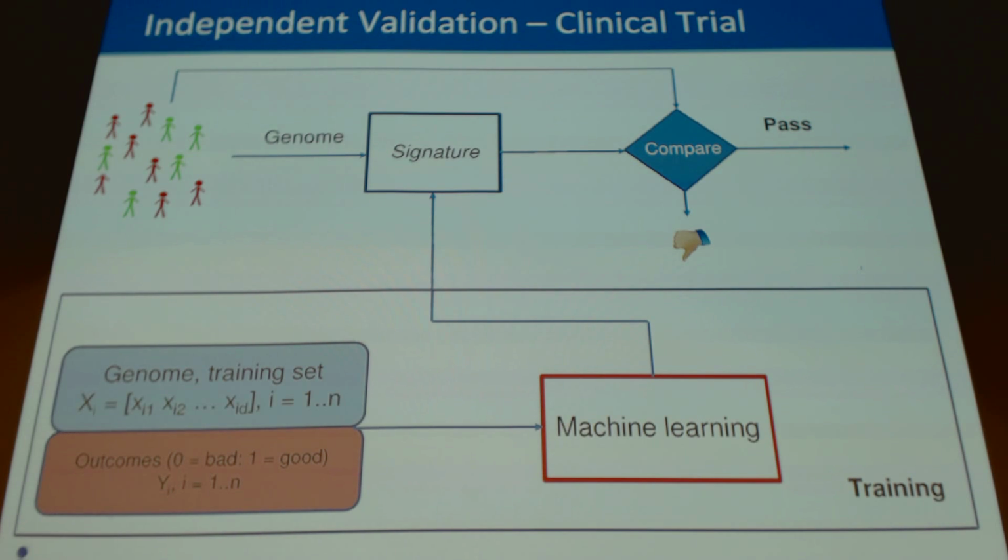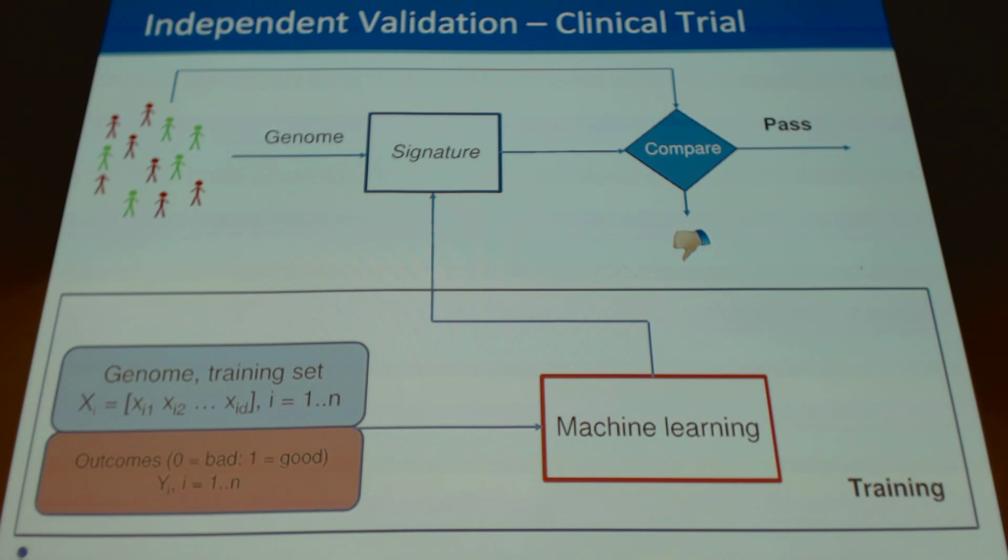And then you apply this to a previously unseen population of patients whose genomes you have measured and whose outcomes are known but hidden. You apply this classifier to this population, and then you compare the predicted outcomes and the real outcomes. Again, classic machine learning validation setup.